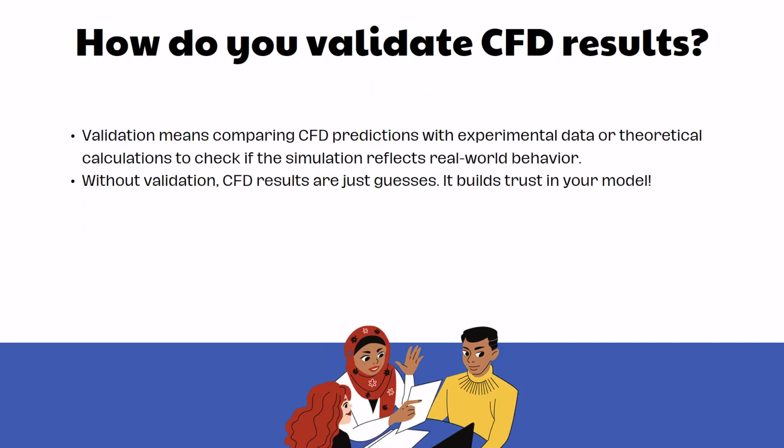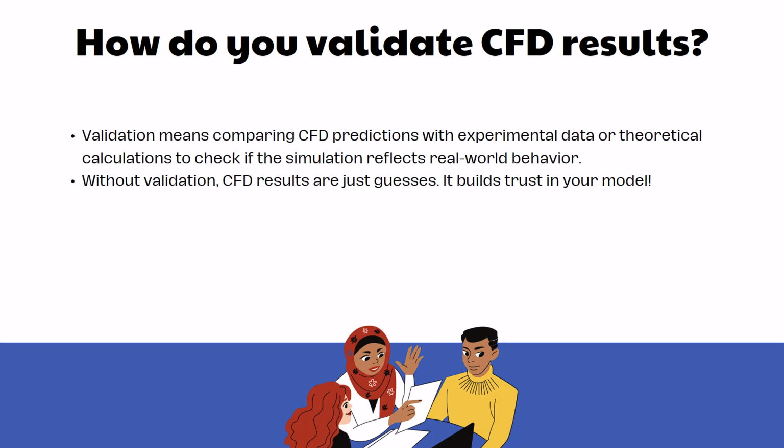So the next question is, how do you validate the CFD results? So validation of the CFD results means that we have to prove that my CFD results are correct. Okay, so that can be done by comparing my results with experimental data or theoretical calculations. So I have to see if my simulation reflects the real life behavior.